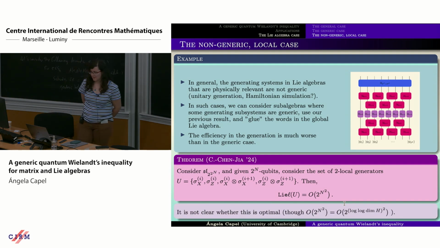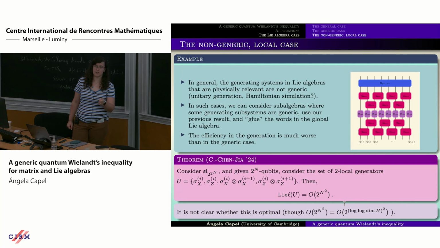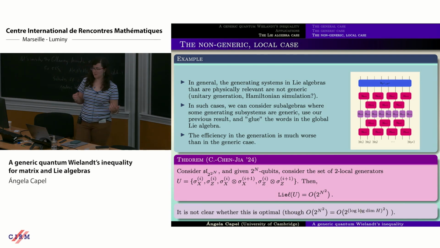So I write here, it is not clear whether this is optimal. I think this is a bit optimistic. I think it's clear that this is not optimal. But what we know is that this is much better than brute force. So if you really try to generate your Hamiltonian by brute force, what you obtain is something that is much, much bigger, because actually this 2 to the n squared is 2 to the log of the dimension of the global Hilbert space, squared, which means that it's much better than what you would have if you only took 2 to the dimension of the Hilbert space.